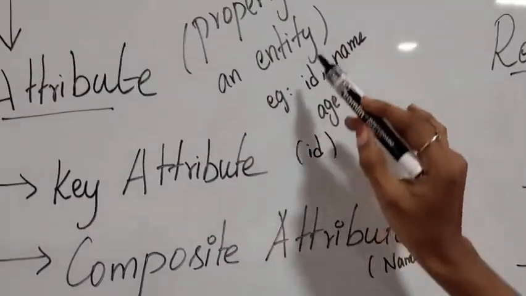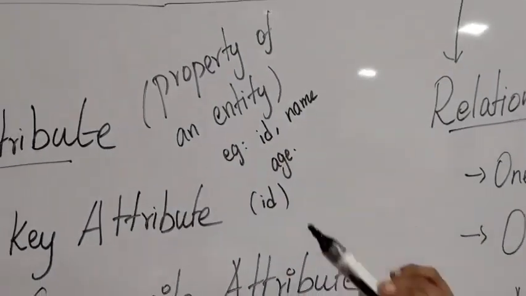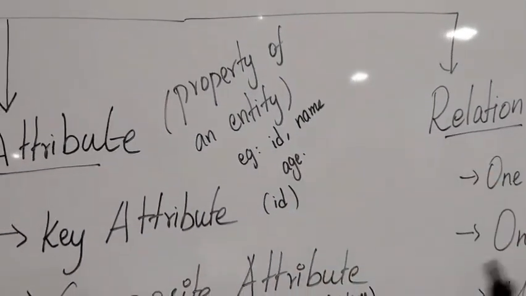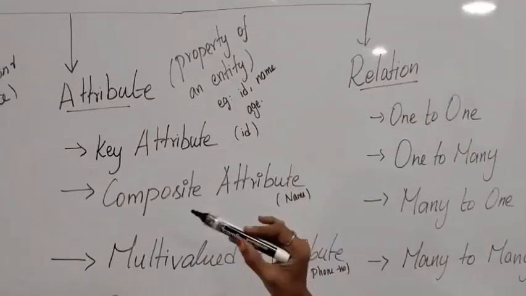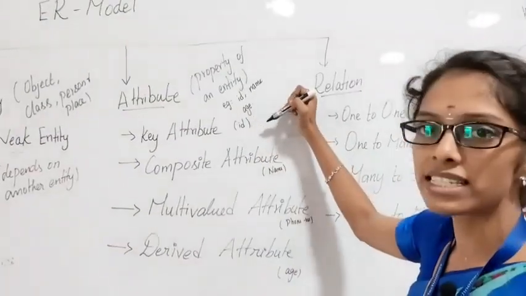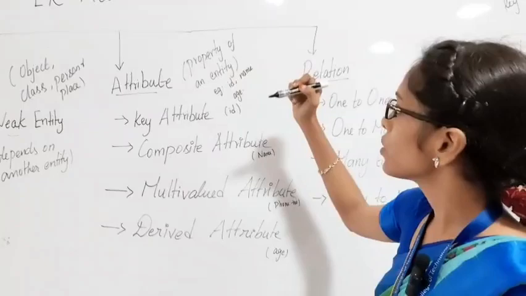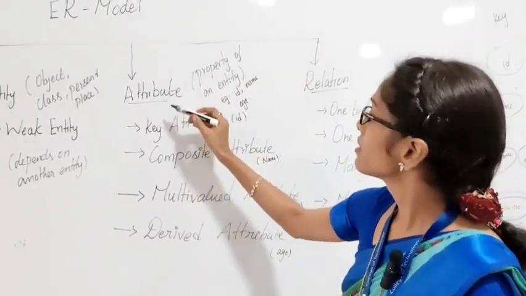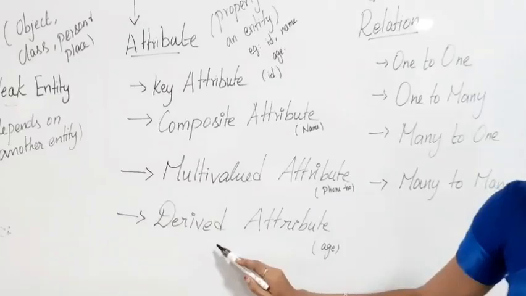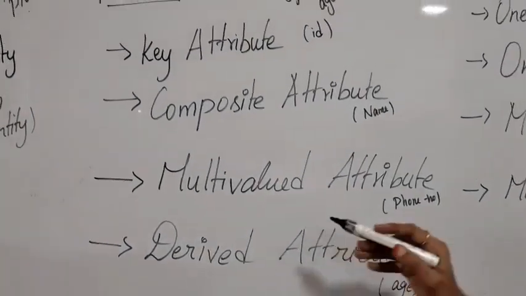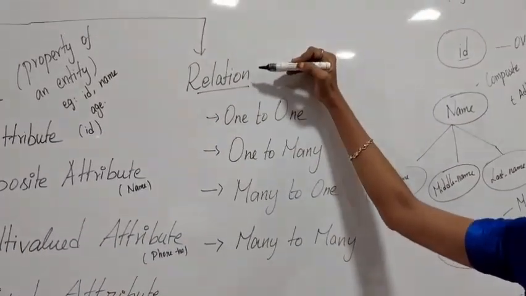For example, if you are taking a student as an entity, you can say his register number, name, address, phone number, which course he belongs to, etc. These things describe the student. In attributes, there are key attributes, composite attributes, multi-valued attributes, and derived attributes. Then another one is relationship.